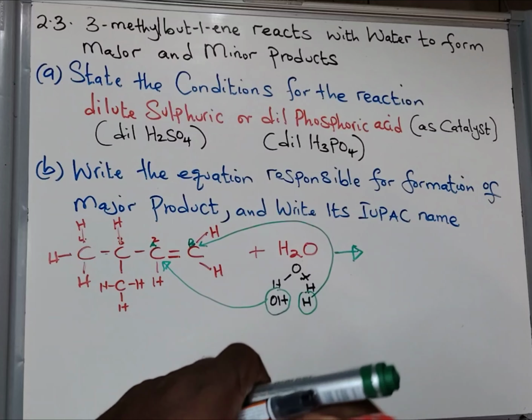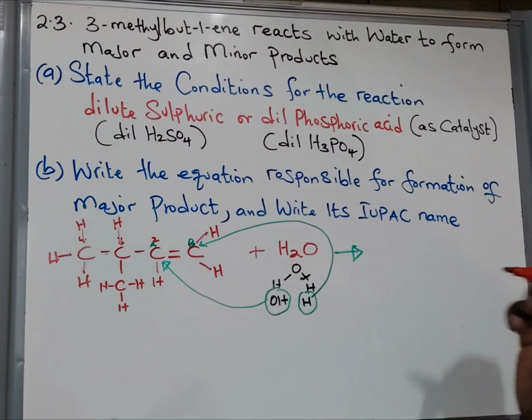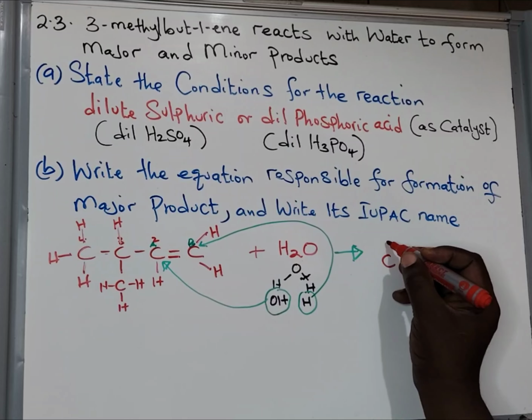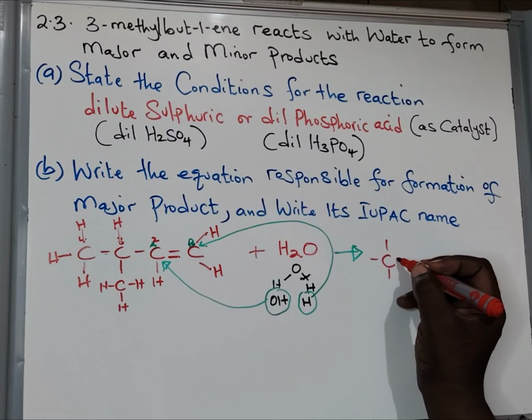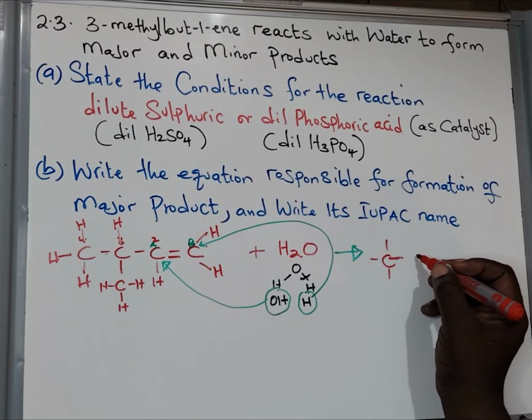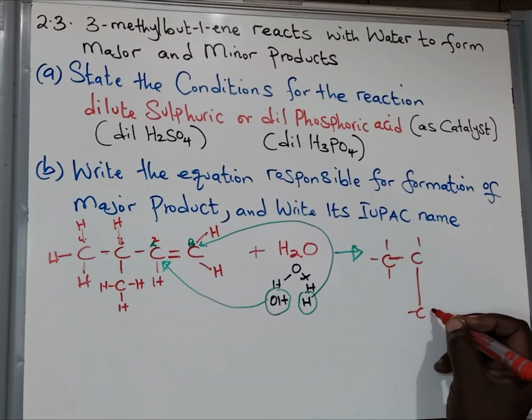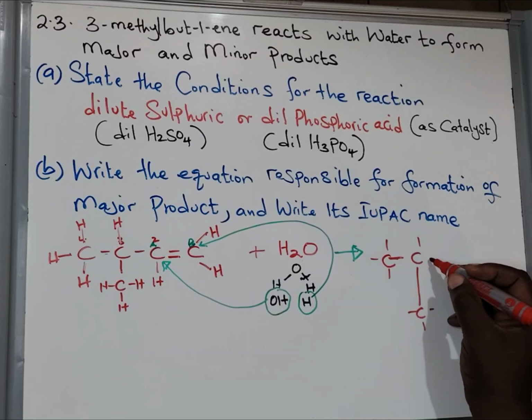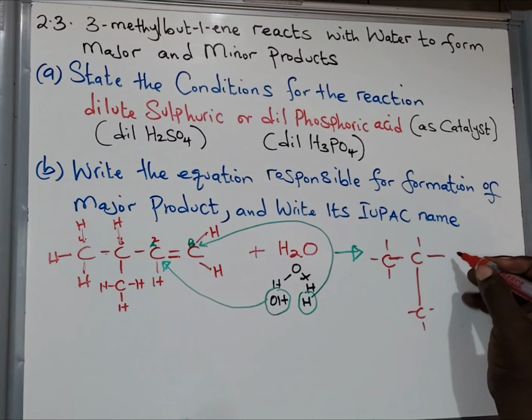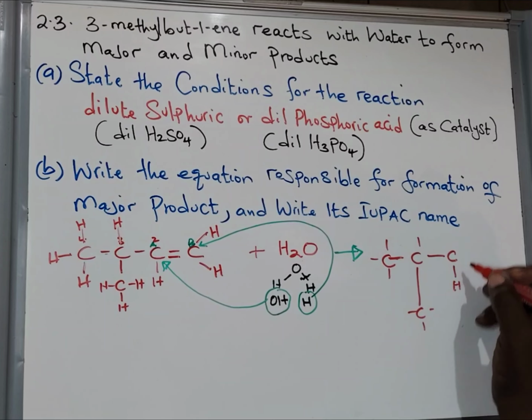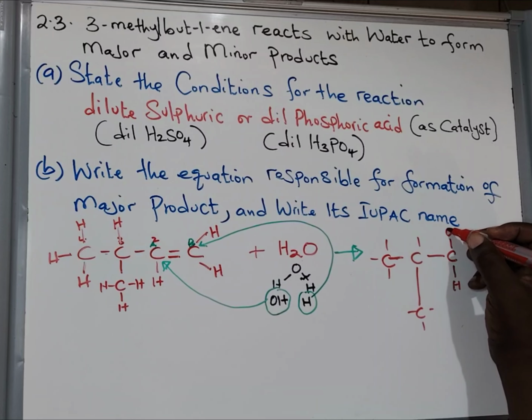So what is going to be our major product? It's going to be C. Then you have that. Then you have this. What came here is OH. So you have H here and OH up.